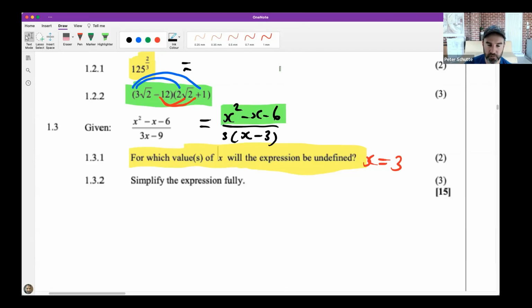You could use common factor, Cameron. On the bottom, what do you have to use for the top? It's a special type of algebraic expression, I think. This looks to me like a trinomial, doesn't it? X squared minus x minus 6. If only we had a way of factorizing the green bit. Why don't we try that method?